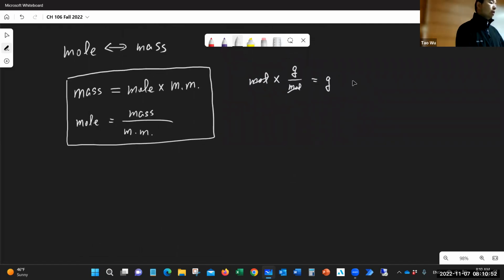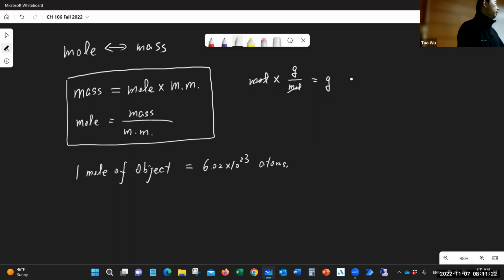And also we talk about Avogadro's number. Avogadro's number is about if we have 1 mole of an object, how many atoms are in this substance? Well, they have 6.02 times 10 to the 23rd of those atoms.